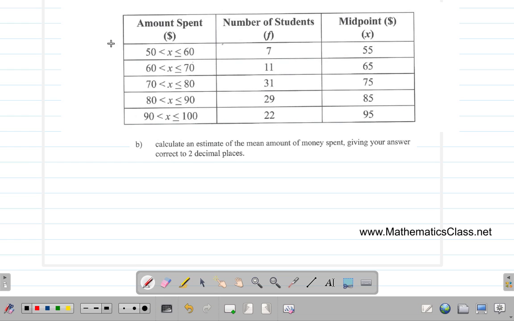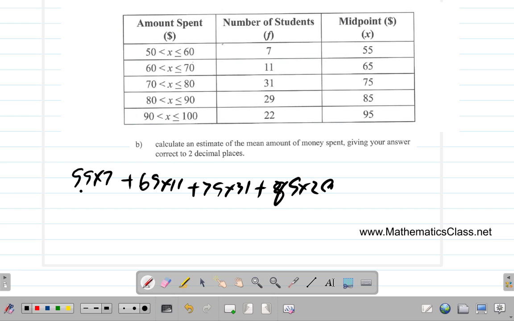You're going to say 55 times 7 plus 65 times 11 plus 75 times 31 plus 85 times 29 plus 95 times 22. Or if you want, you could have said 7 by 55 plus 11 by 65 and so on and so forth. No difference, it's the same thing.